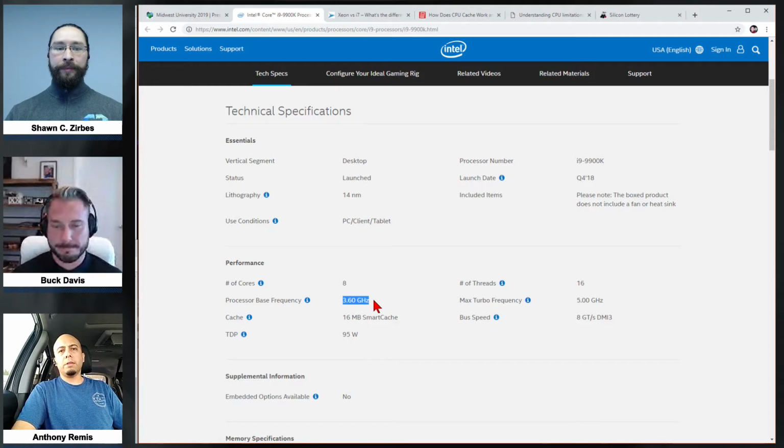Sure. And that applies even to the 18 core processors, where I think the base frequency is something like 2.8 gigahertz, and I'm like, dude, this thing will never be at 2.8 gigahertz unless you're at 100 degrees Celsius. Right. As long as you have proper cooling, it'll stay above that speed.